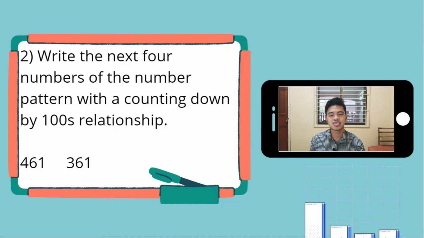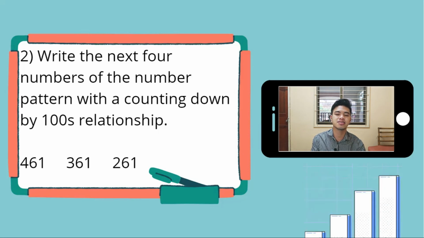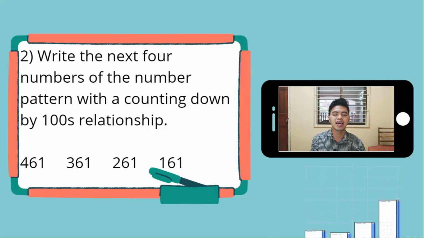Okay? 461 minus 100 will be 361. And then 361 minus 100 will be 261. And then 261 minus 100 will be 161. And then 161 minus 100 will be 61.